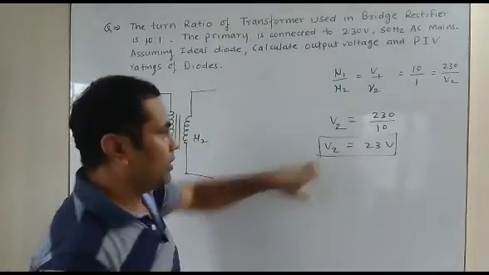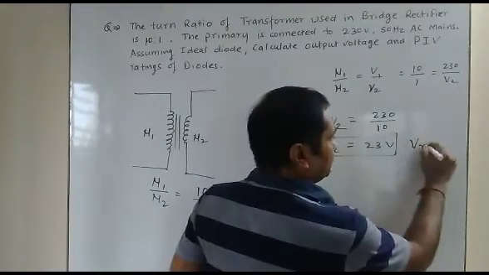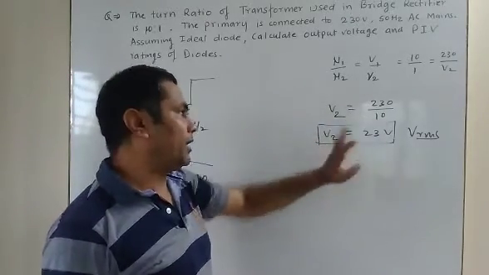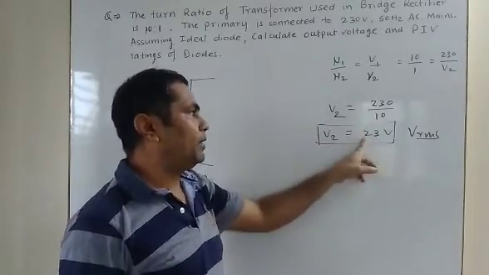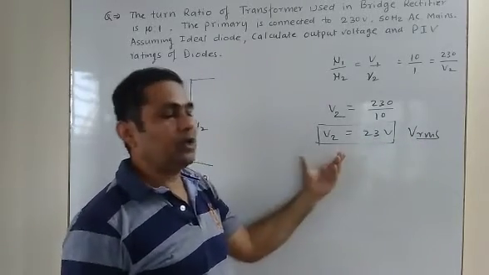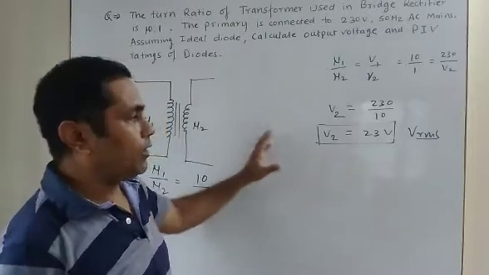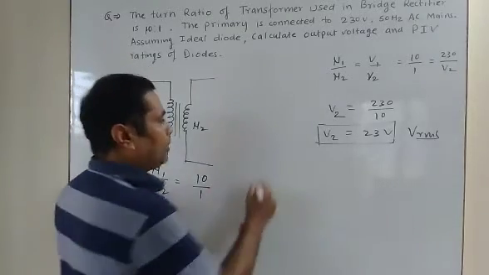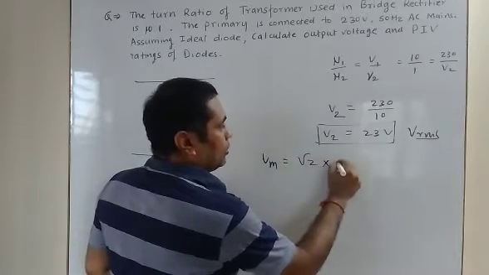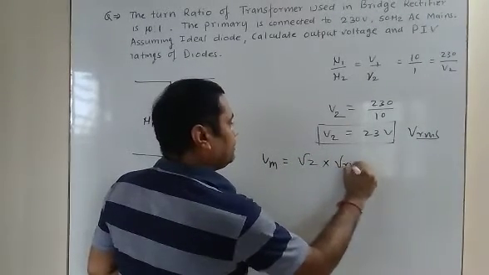Now this value is the root mean square value. V2 equal to 230 volt upon 10. So V2 was found to be 23 volt. And this value is the root mean square value. We have to convert it into max value for calculation purpose. So max value can be calculated like this: Vm equal to root 2 into the root mean square value.